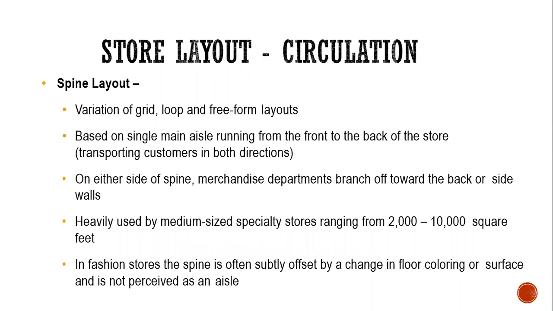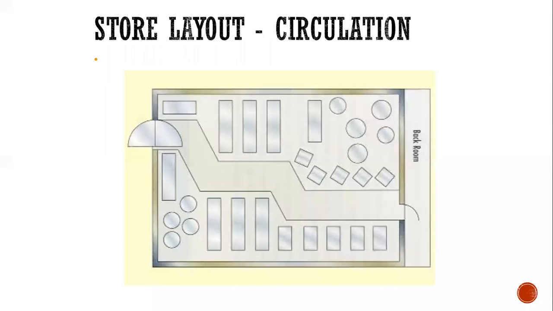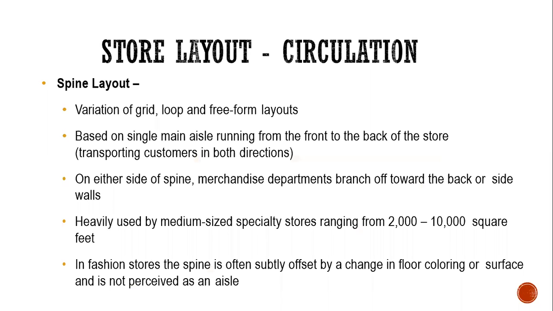Next is the spine layout. You can see the spine layout blueprint on your mobile. Just see this. Now we will see the explanation. It is a variation of the grid, loop and freeform layouts, so it is a mixture of all three.